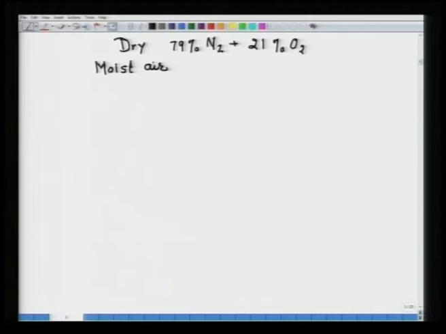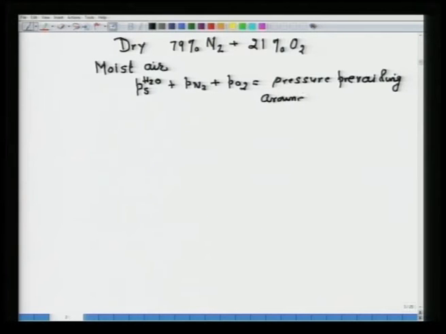So, there you have to find, for example, PSH2O plus PN2 plus PO2, that is equal to the pressure prevailing around the gasifier. It could be 740 millimeter, 745, it will be given in the problem.